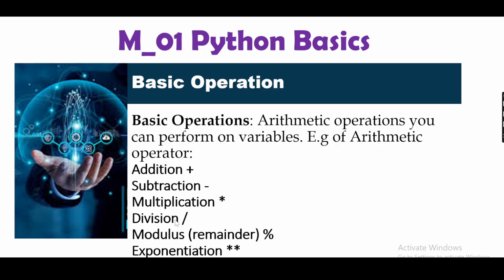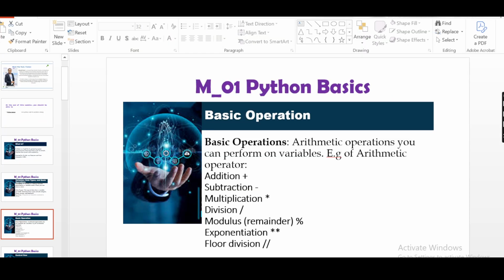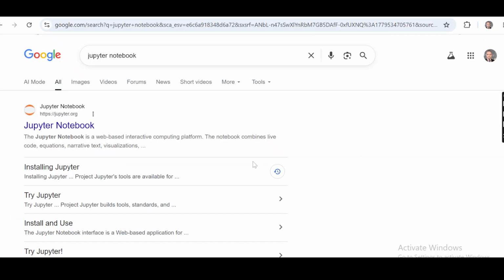Floor division and division, the difference simply is that the floor division will remove the decimal points, while the division is going to give you the whole division fraction that is given as a result of that. All right, so let's go to the IDEs and see how that works.